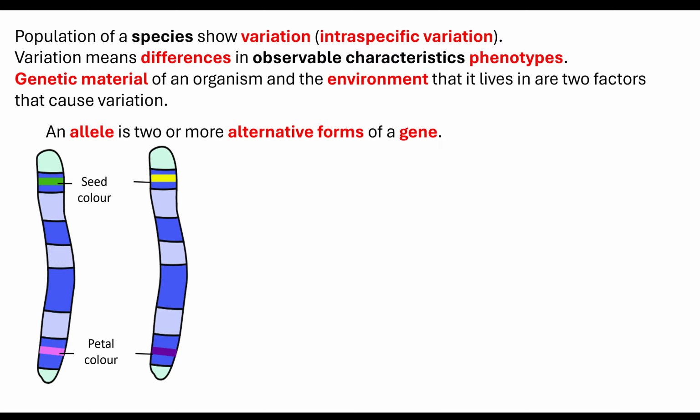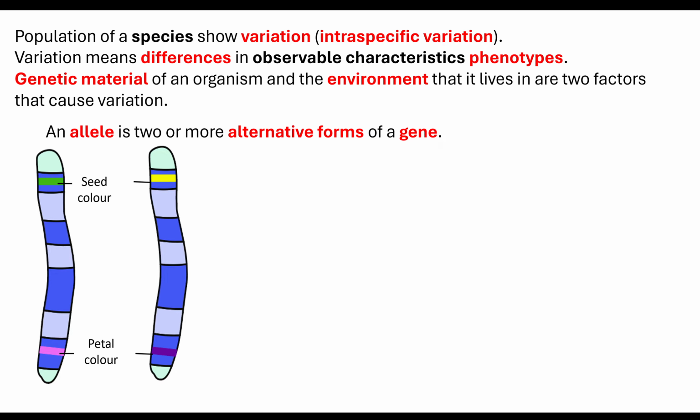Therefore, the gene for seed color has a very specific position on a chromosome. Now, we can see that these are linear chromosomes, so we know we're talking about eukaryotic organisms. We can see that the gene, a section of the DNA, is located at a specific point. That's known as the gene locus.